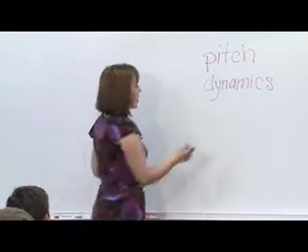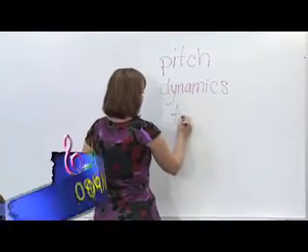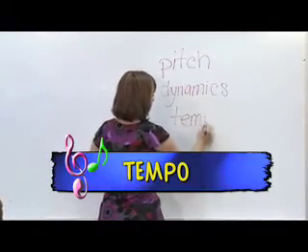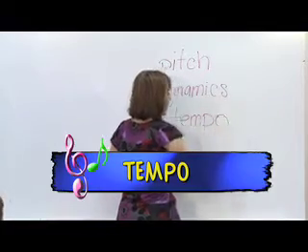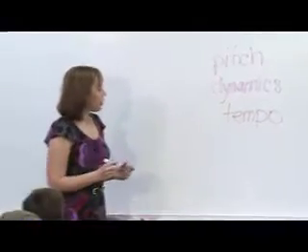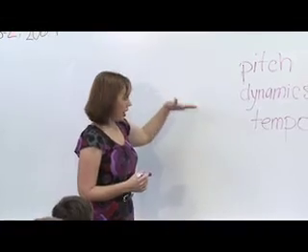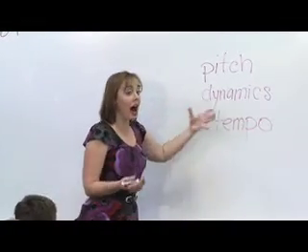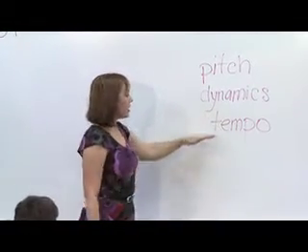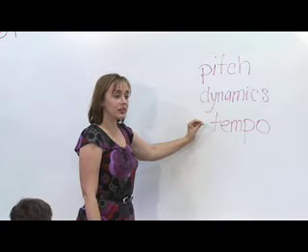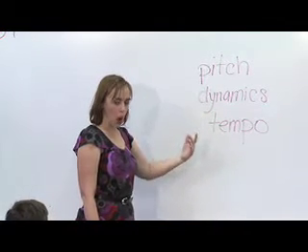One more word that I want to take a look at that definitely affects how music is used is tempo. So pitch is how high or how low, dynamics is how loud or how soft, tempo is how fast or how slow something is being played. Okay, so can you say fast for me? Fast. Or how? Slow.